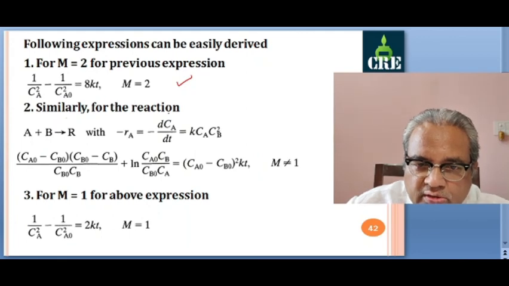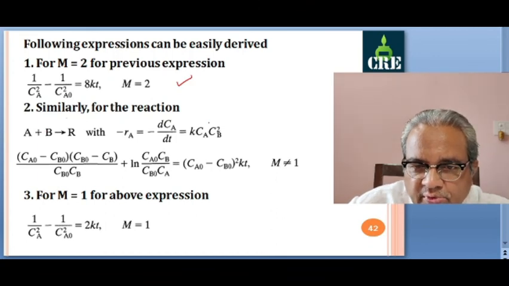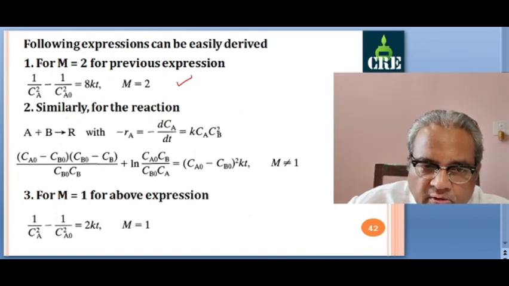Then you can solve similarly. Instead of A plus 2B giving products, we have A plus B. Now stoichiometry is 1:1. The rest of the things remain the same. Rate law is k CA CB square: first order with respect to A, and second order with respect to B. So here we had 2.